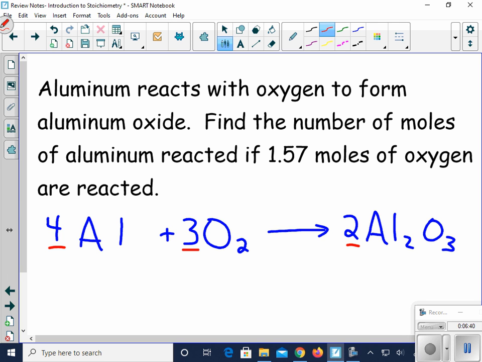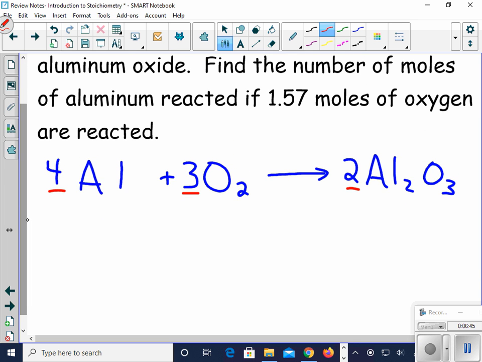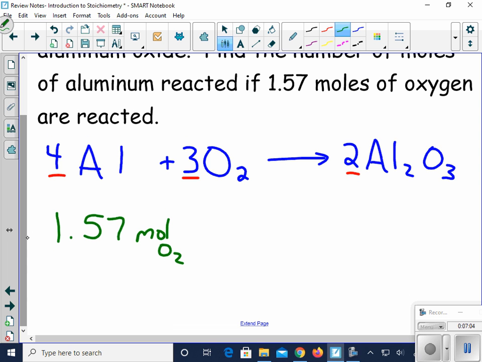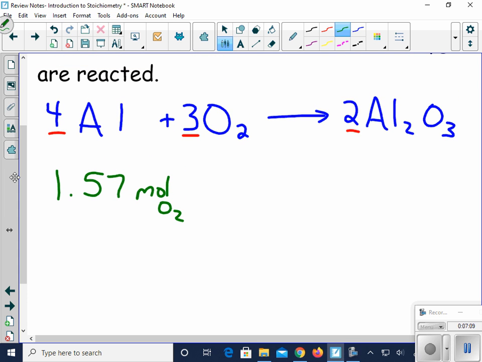So when I'm looking at this to answer this specific question, it says that I have 1.57 moles of oxygen, correct? Now, I'm going to use my molar ratio, because all I need here is right here. It's very similar to what we've been doing with the molar conversions.